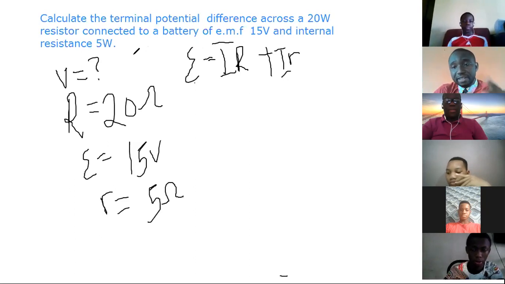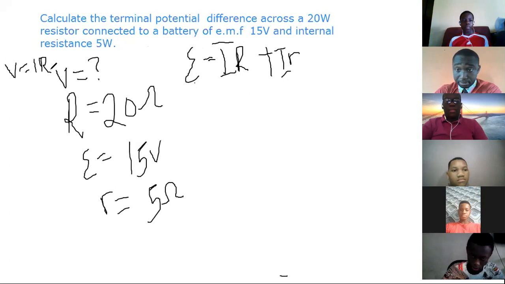Potential difference from Ohm's law is V equals IR, isn't it? You understand that, right? Yes, sir. Now, we are asked to calculate V. But to calculate V, do we know I?